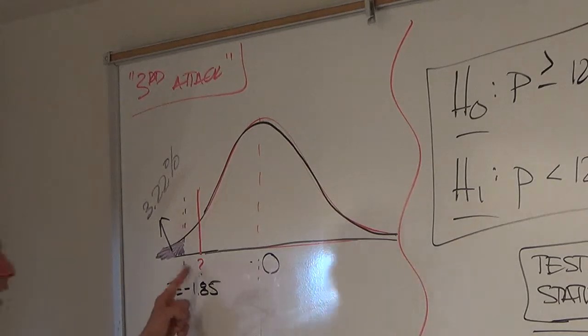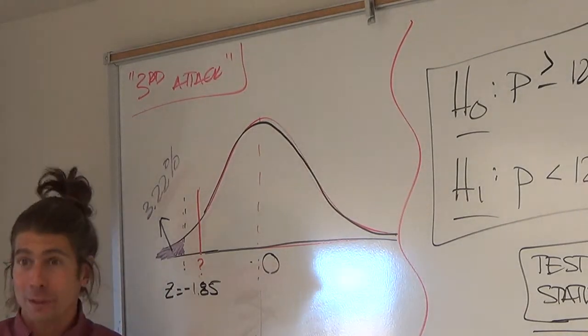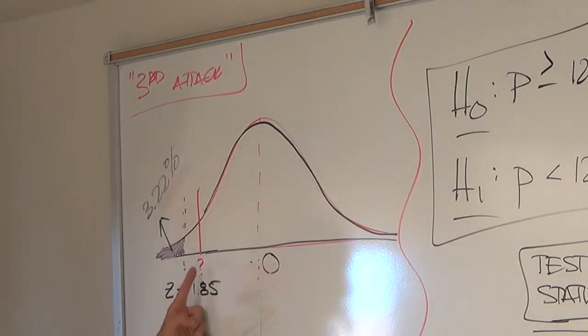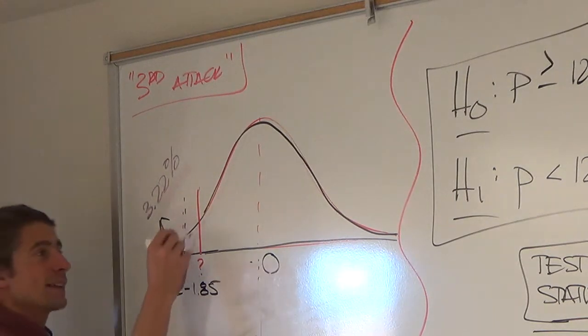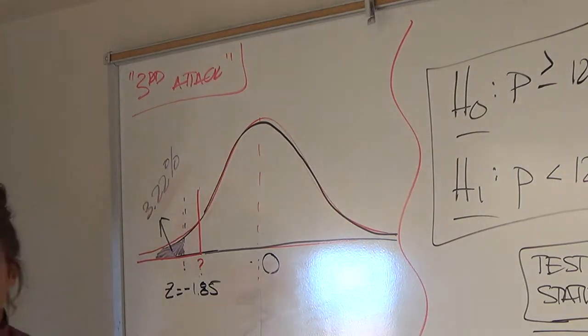Somewhere, though, there is a cutoff called a critical value. We've talked about those before. If we get past that critical value, this area right here is 5%.